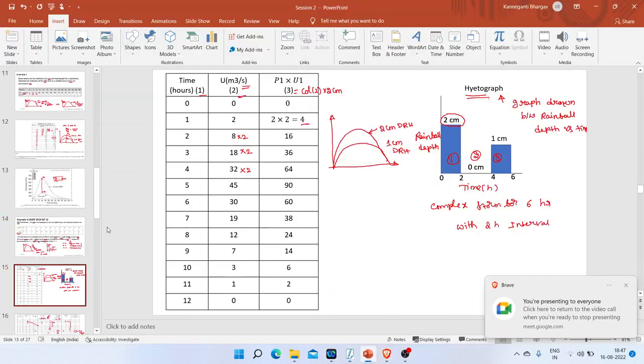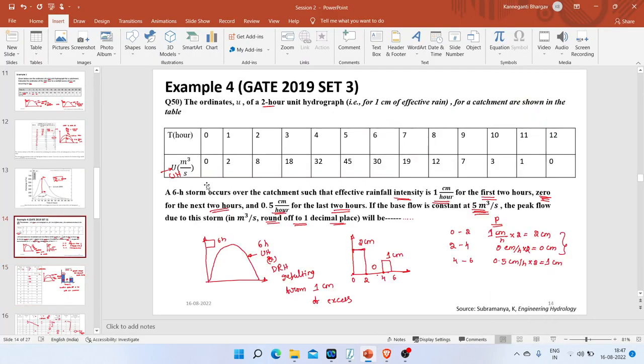Yeah, let's see how we can solve. In the question they have asked you to calculate the peak flow due to the storm. If you see all the previous year questions, they typically ask you to calculate the peak flow only. So let's see how you can find this peak flow by avoiding the very big procedure.